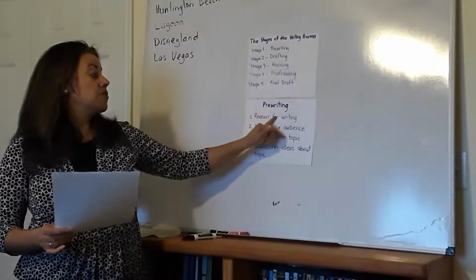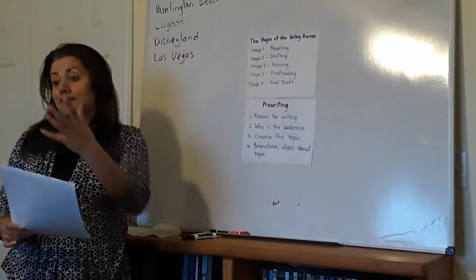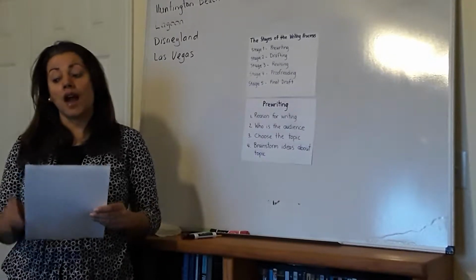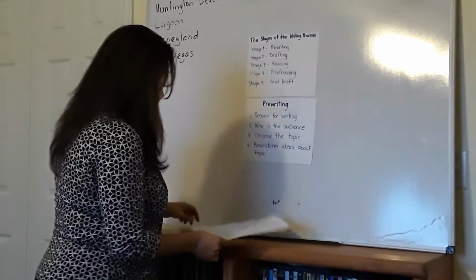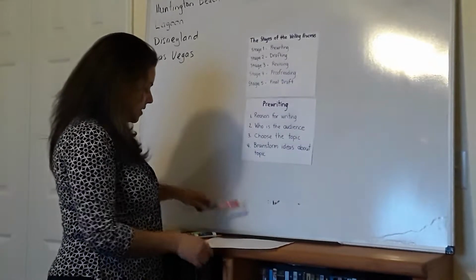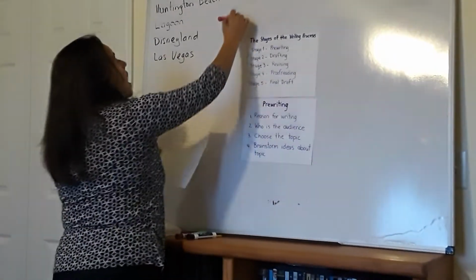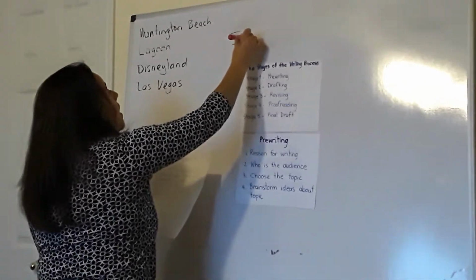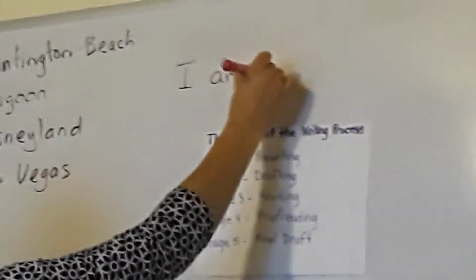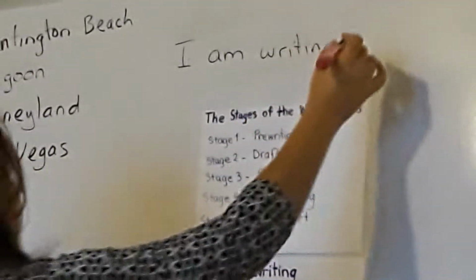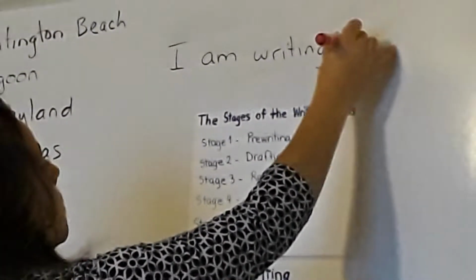The reason for writing is that you're going to be writing a postcard. So in your piece of paper, I would like you to go ahead and write this down, complete this sentence for me. The sentence says, I am writing, and you're going to fill in the blank.